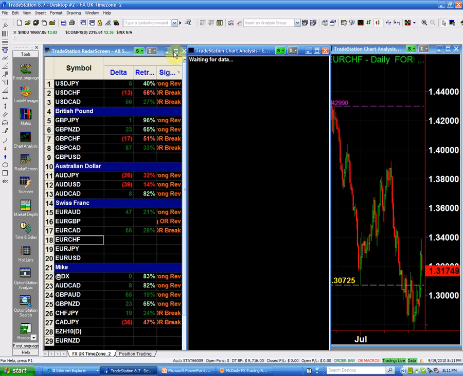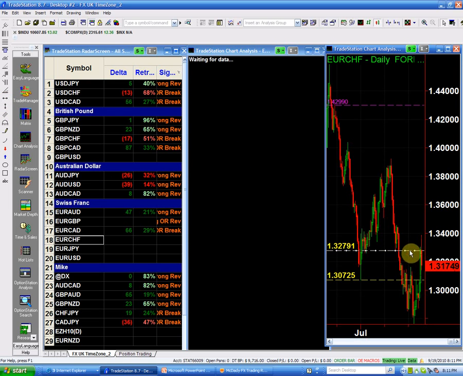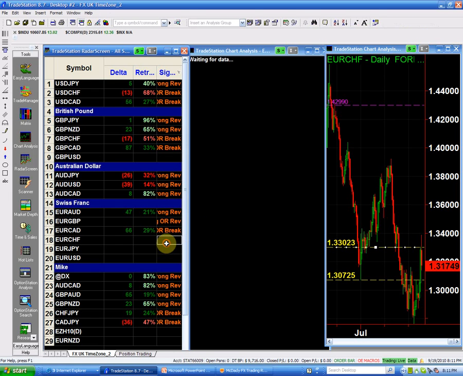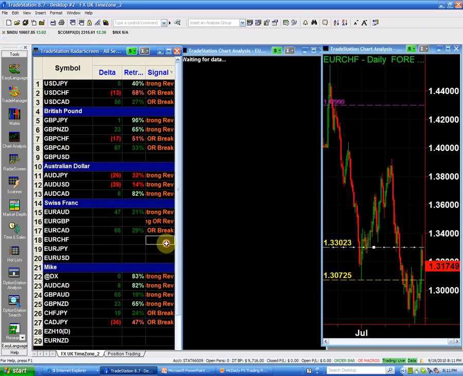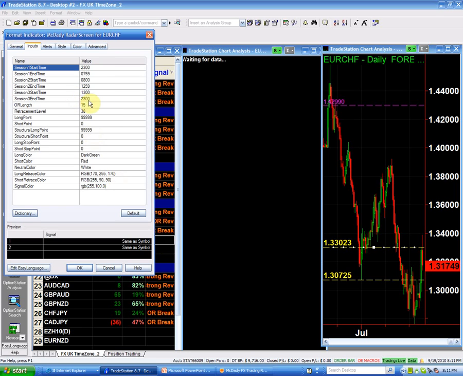for some reason the intraday data is not being downloaded from the server, so I'm going to use the daily charts to come up with the, so my buying point is going to be the 1.33023.